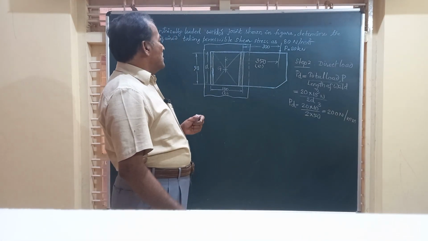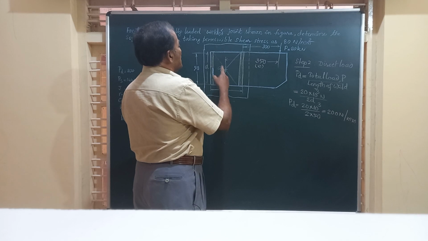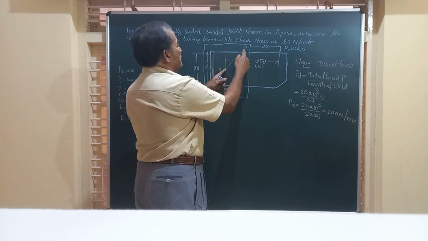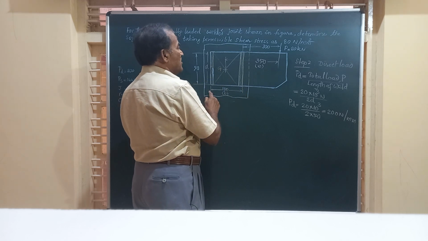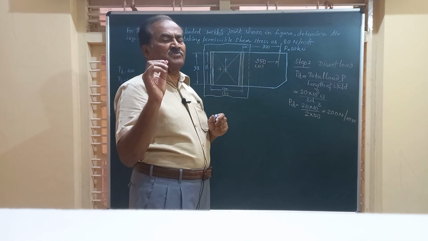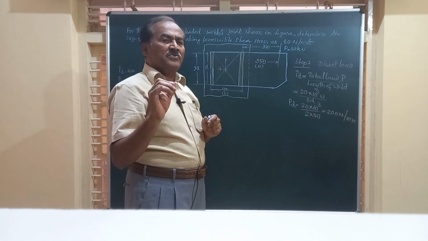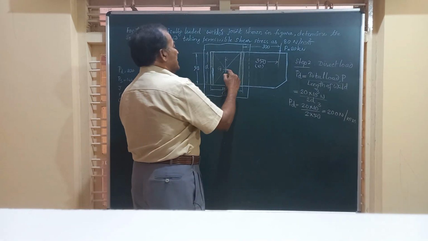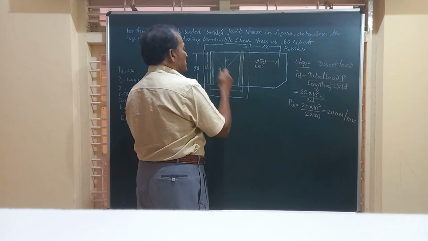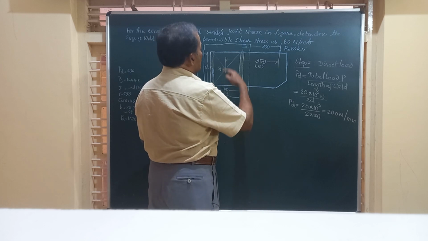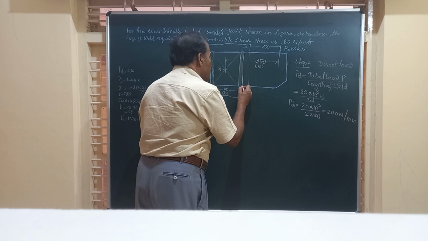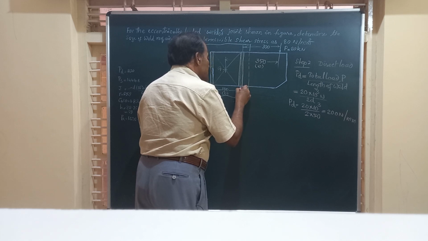Friends, here if you see the 4 corners of the weld, A, B, C and D, all these corners, the extreme ends of the weld, are equidistant from G. So when they are equidistant, we can consider any one of those points.